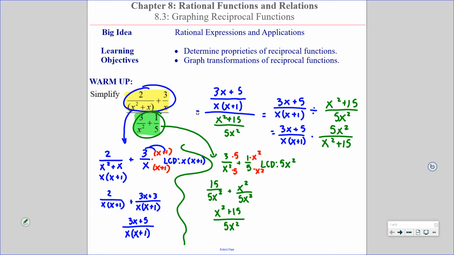Just not these x squareds, because that's separated by addition, but this one has a factor of x, and this one has a factor of x. So if you want to, you could put parentheses around, like, that's a factor, this is a factor, if that helps you see the factors. So my final answer here would be 5x times that, and again, you don't have to distribute it through.